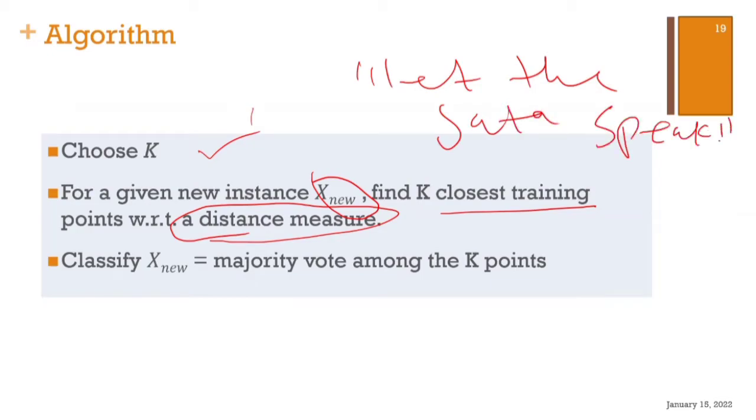We don't know the number of K that is going to be optimum for your problem. It could be 1, 3, 5, 7 or 9 if you are dealing with a binary classification problem. To know the class where the new sample belongs, you take a majority vote among the K points. So this is a very simple way of how the K-nearest neighbor algorithm works.